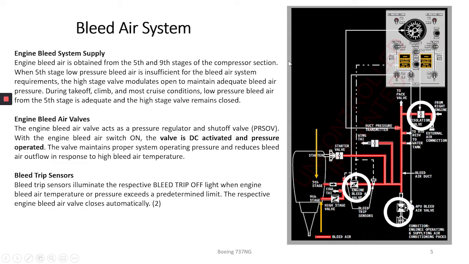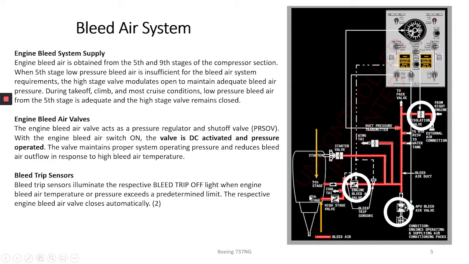Okay, now let's talk about the engine bleed system supply. Here you can see the diagram we can find in FCOM volume 2. It says the engine bleed air is obtained from the 5th and 9th stages of the compressor section. This arrow is pointing to the 5th stage, and this one is the 9th stage.